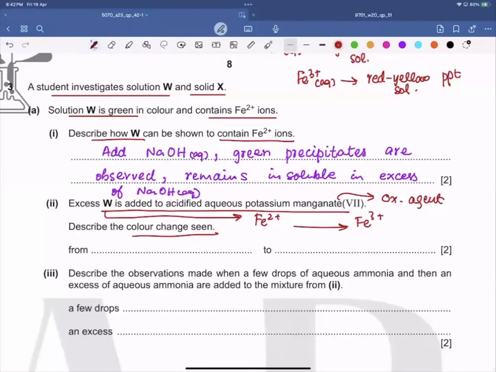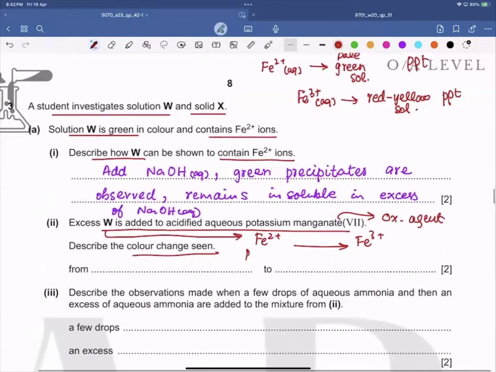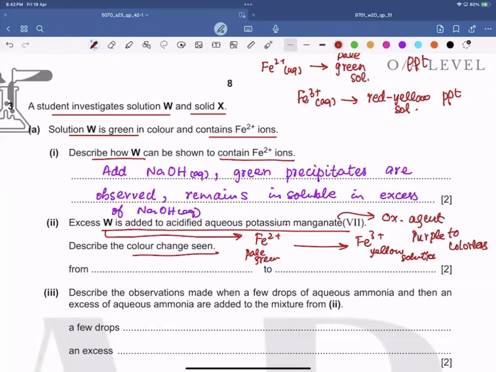As we have discussed earlier, here it's pale green, and here it's a yellow solution, right? And the color change: potassium manganate is a purple color, so it changes its color from purple to colorless. So what happened over here?